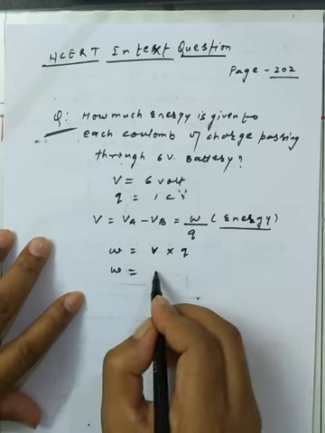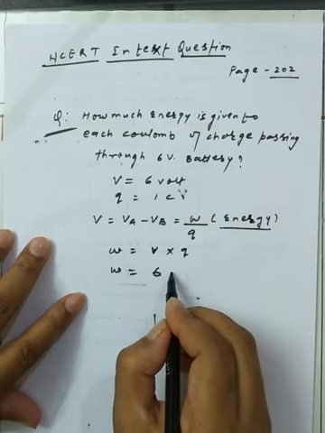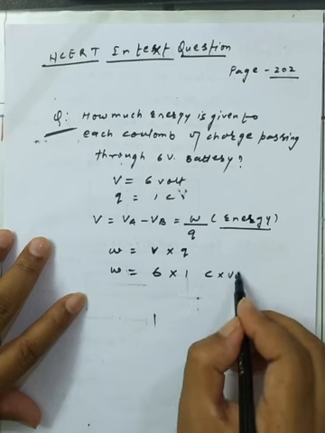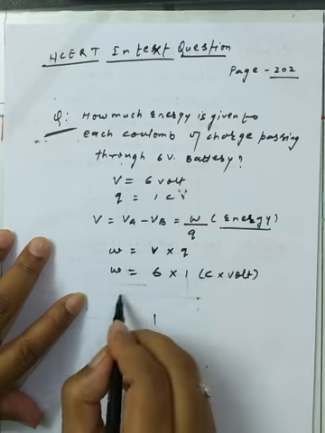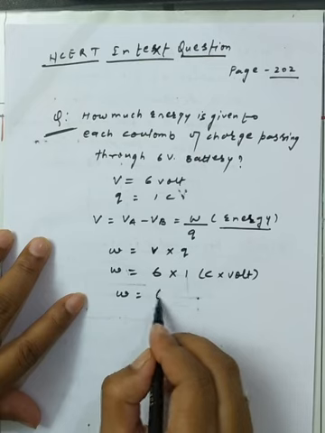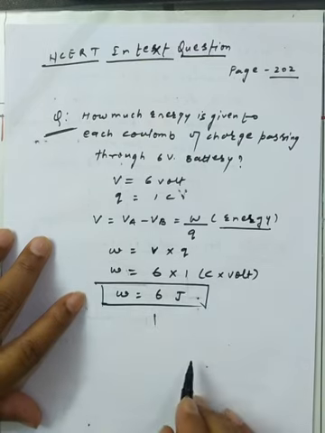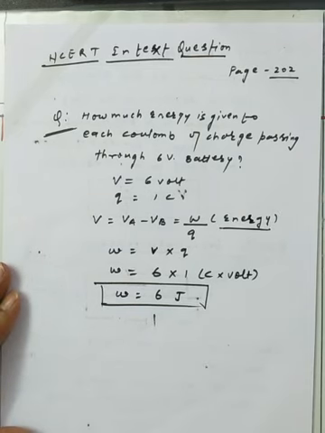So whenever we solve it, we write 6 into 1, coulomb into volt. Coulomb into volt is a type of unit, and the final unit we get is 6 joule. Okay, so this is the simplest solution of this problem as per the NCERT in-text question.